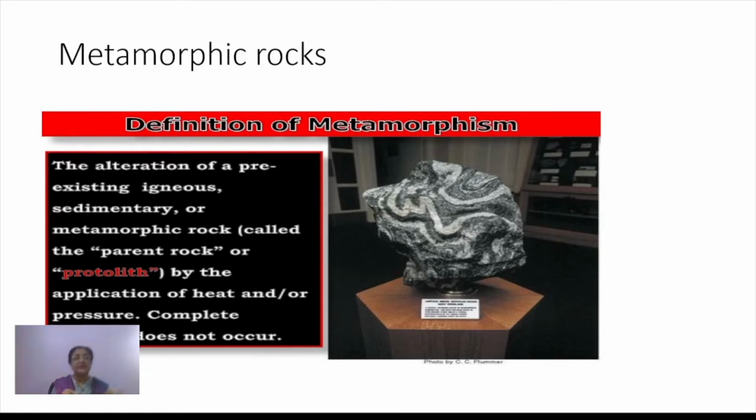This newly formed rock, as a result of the process of metamorphism, is called a metamorphic rock. So under extreme heat and pressure it is formed. The heat is not so high that it causes the melting of the rock. It only causes the conversion of the earlier existing rock into a new one.